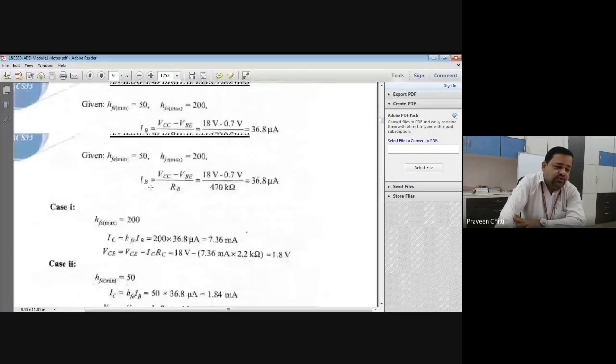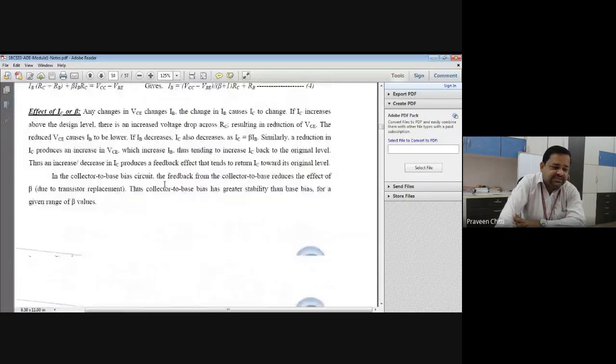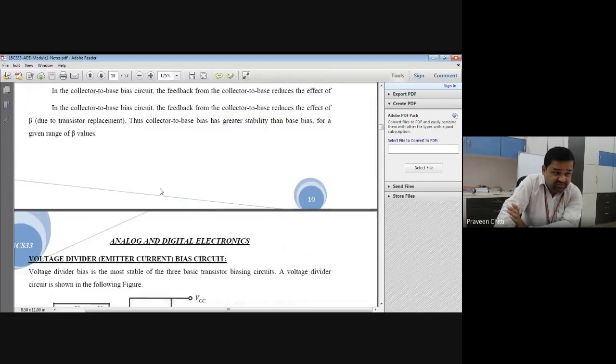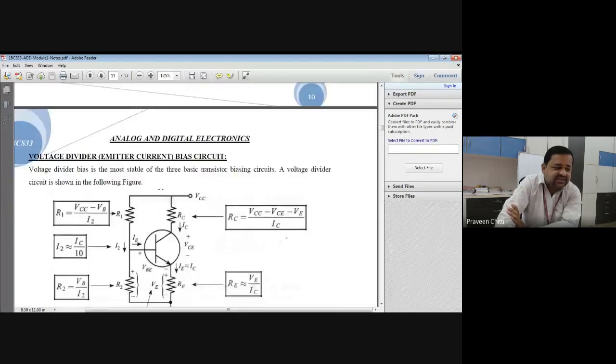As I said, you have to concentrate more on the fixed bias circuit, and the third one we'll be discussing now is the voltage divider bias circuit. The third and very important biasing circuit is called the voltage divider bias circuit.